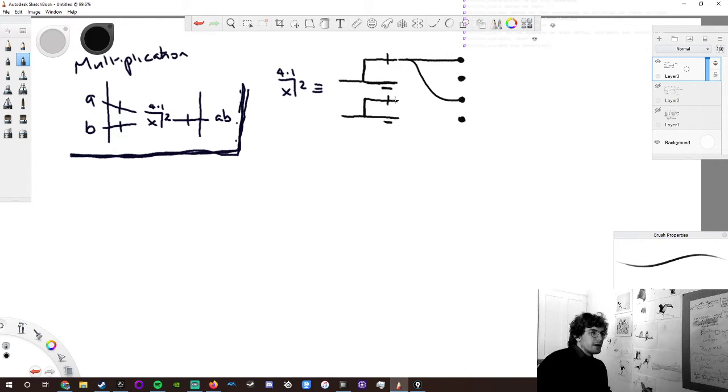I want the positives from here going to here and to here. Let's actually have that going a bit further along before it splits off. And the negatives, looking at this, just connecting everything else up, must go to here and to here. And the negatives must go to here and to here. One of those lines is really messy.